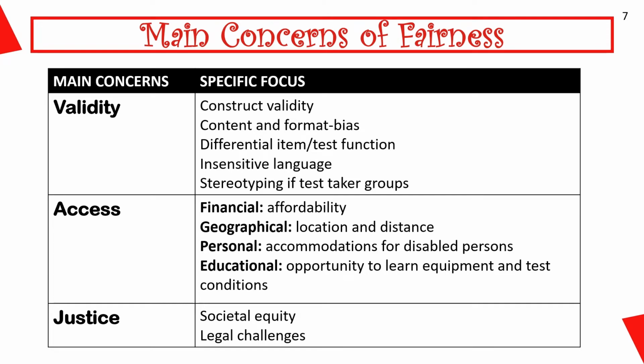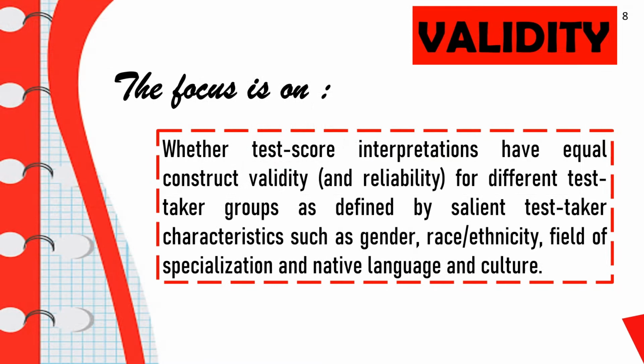For access, we have financial affordability, geographical location and distance, personnel, accommodations for disabled persons, and educational opportunity to learn, equipment, and test conditions. And for justice, we have societal equity and legal challenges. Let us discuss each main concern of fairness.